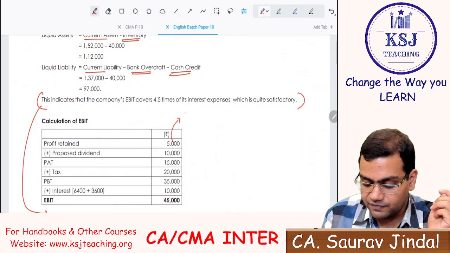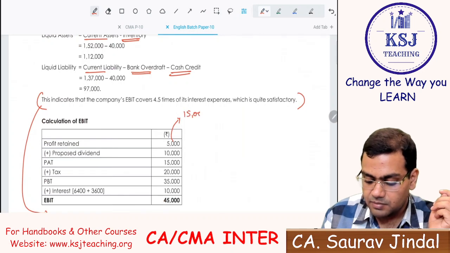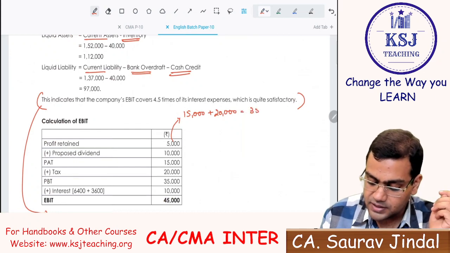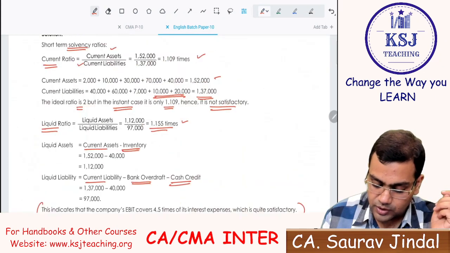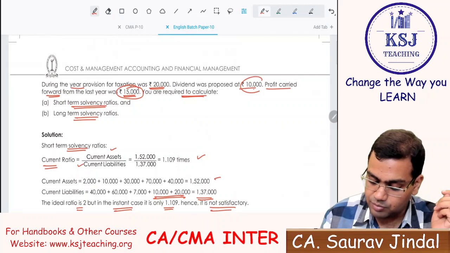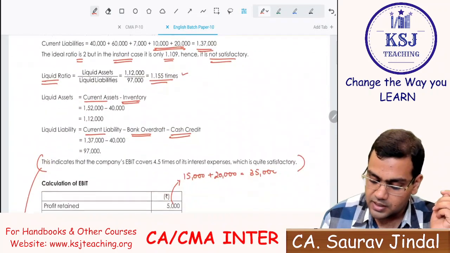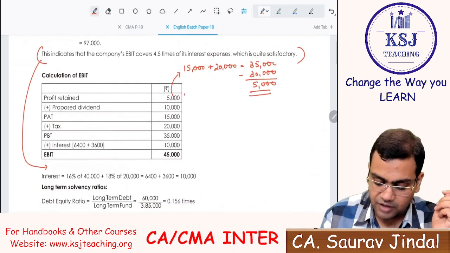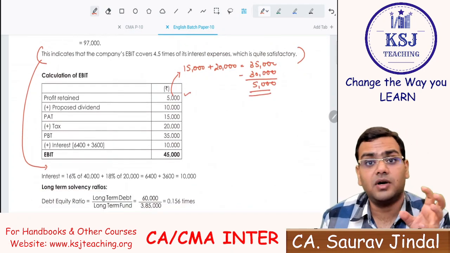What is the profit carried forward from the last year? 15,000, right? Plus, what is the profit that is earned in the current year? That is 20,000. Total is 35,000. This is available. Now, out of this 35,000, you have proposed a dividend of 10,000 and a provision for taxation of 20,000, right? So minus 30,000. So what is the profit that you will retain? 5,000. Clear? This is how the profit retained has been calculated. That final profit that will be left.